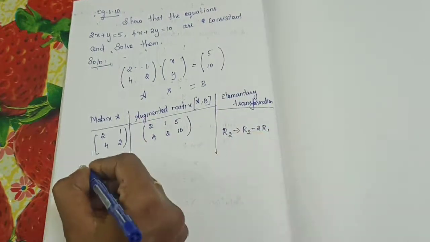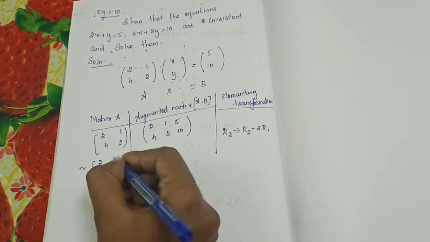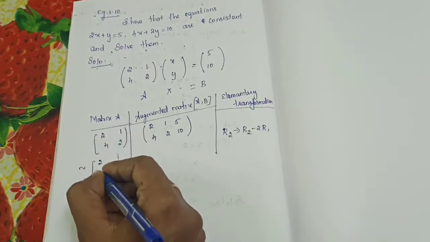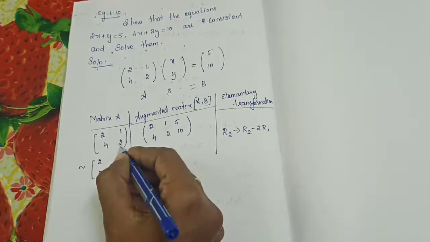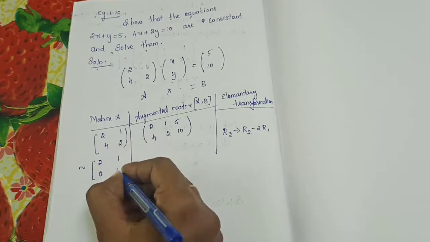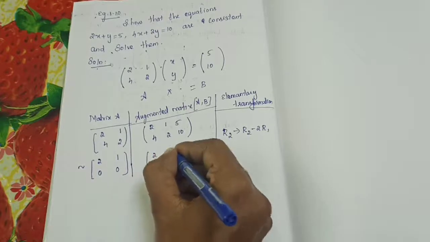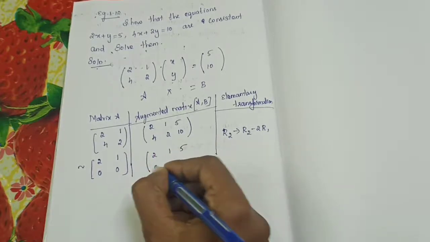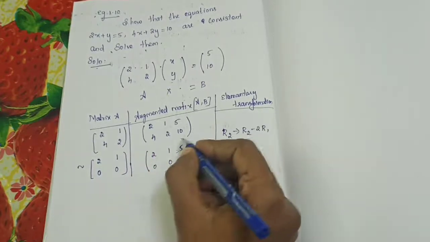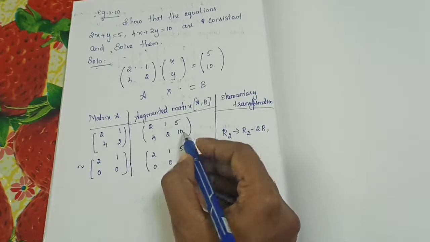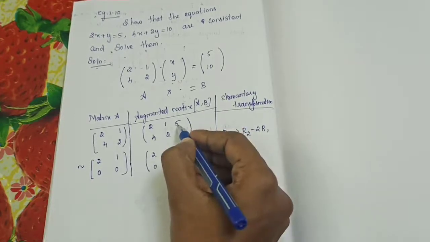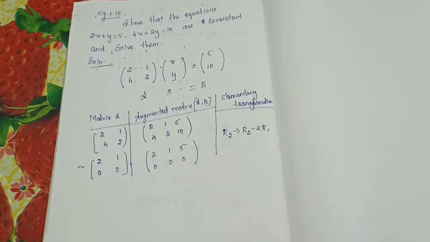Now apply: 4 minus 2 into 2 means 0. Then 2 minus 2 into 1 means this also 0. Then 10 minus 2 into 5, so this also how much?